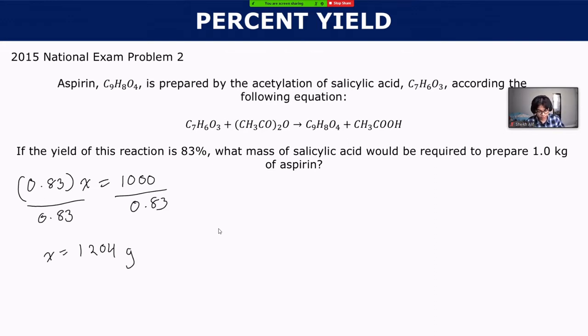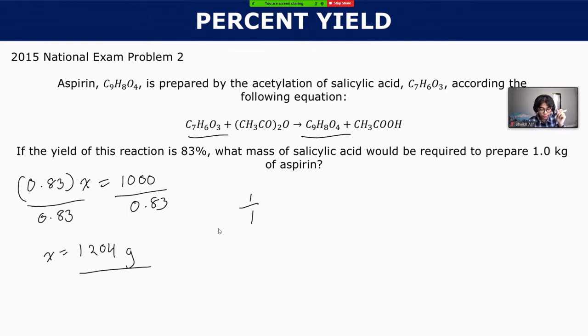Now we need to convert this many grams of aspirin to salicylic acid. And the way we can do that is by comparing the ratios again. So salicylic acid, which is this, and aspirin, which is this, are in a 1-to-1 ratio. I don't want to write out the equation, but they're in a 1-to-1 ratio. That means the number of moles of aspirin is going to equal the number of moles of salicylic acid.